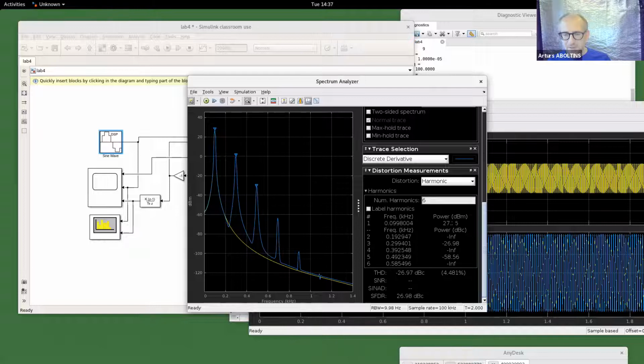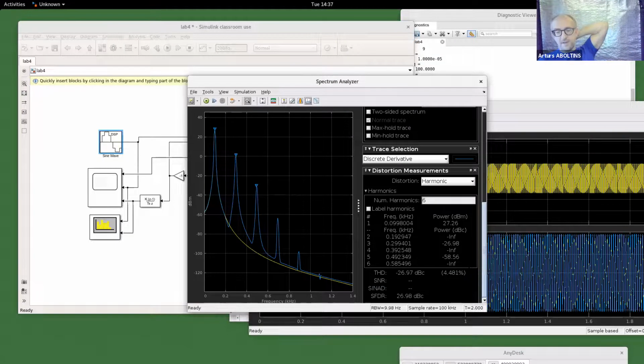This is 27 minus 27, so it's like about a 50 dB difference. And then again, like 30 dB is the fifth harmonic. And it leads to a total harmonic distortion of like 448%. This coefficient is a very important parameter and says about the purity of the generated signal.